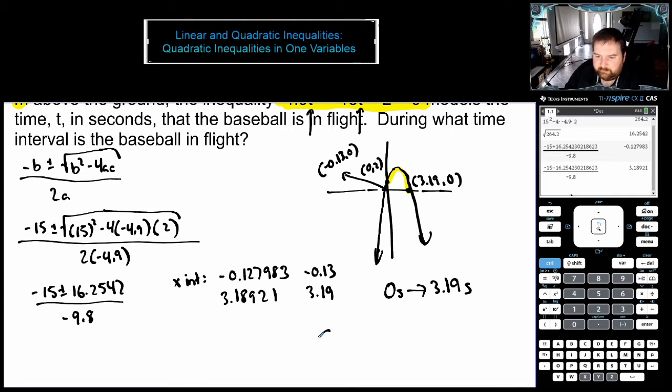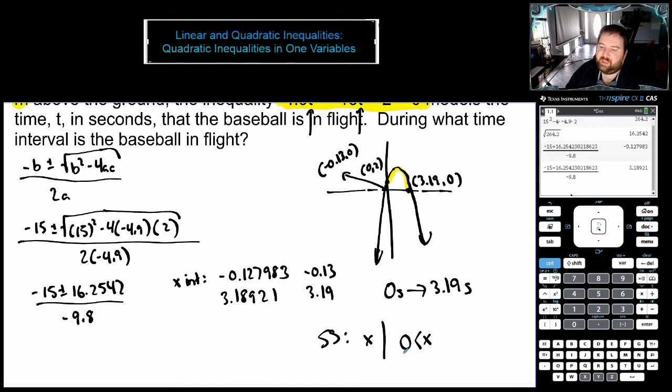And so now I can say my solution set is x such that x is going to be greater than 0. Is it equal to 0? No, because it's not in flight until it leaves his hand. So at time 0, it was in his hand.